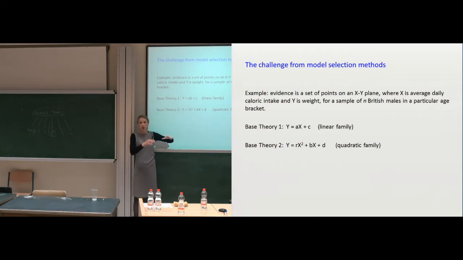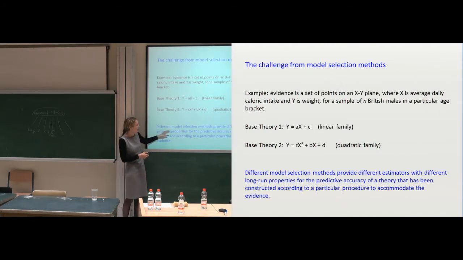Another procedure is to look at the full quadratic family of curves. It doesn't matter that this is nested in this, right? They're different procedures, and the procedure is to pick the curve in your family that best fits the evidence, right? Where there's some measurement error that means it might not perfectly fit.